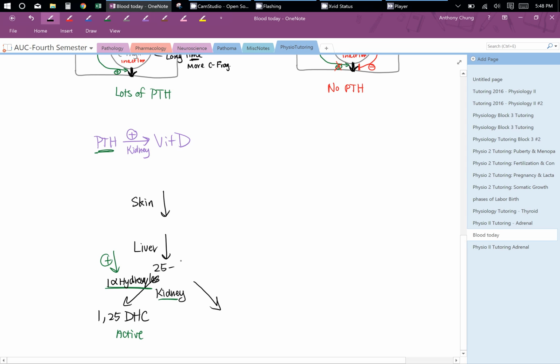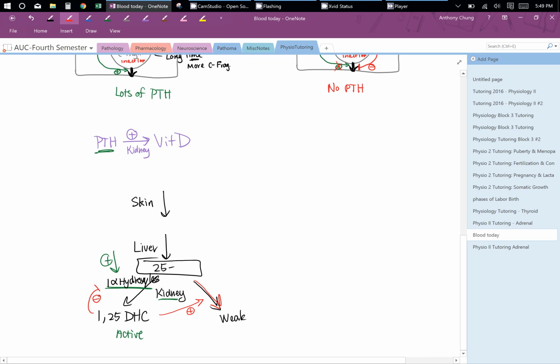But anyway, there are two products that can be made from this intermediate, and the other one is less active, or not very active, weak, not active. And when you have a lot of vitamin D, it actually limits its own production, so it will increase this one, so you end up making less vitamin D, and it will inhibit this step.